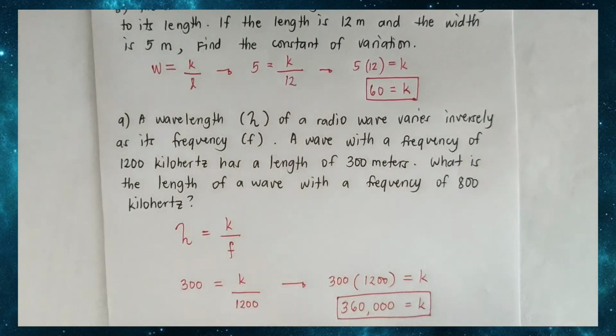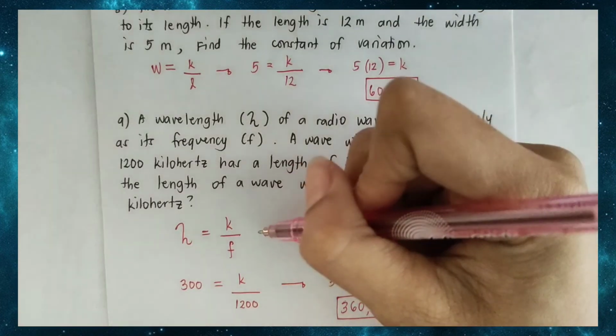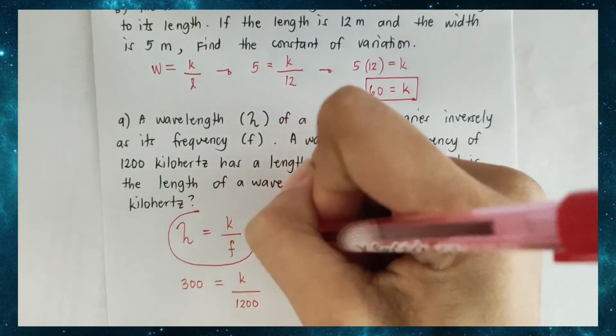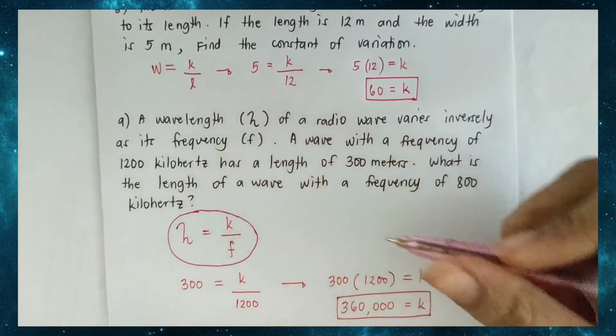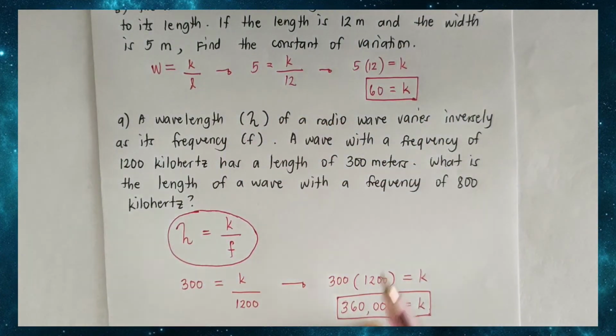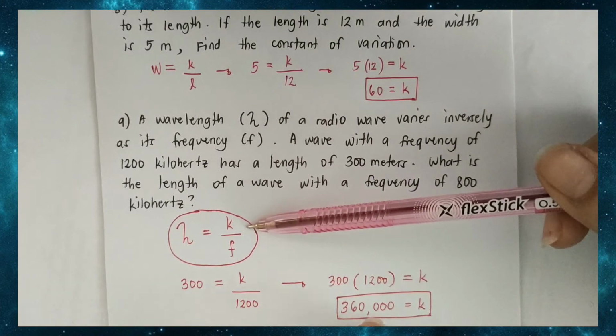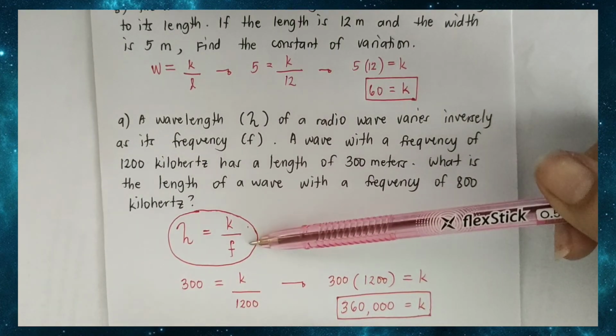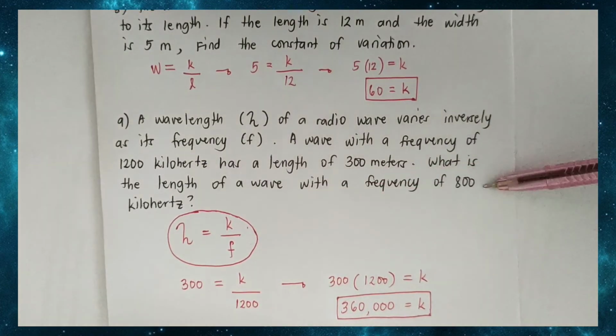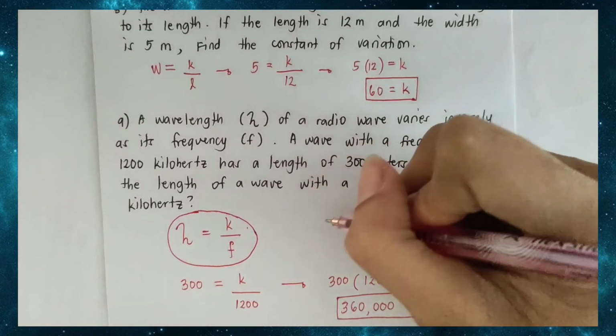Since we solved for our constant of variation, let us now compute for the length of wave with a frequency of 800 kilohertz. This formula will be used. Substitute for the value of k, which is 360,000 here, and the frequency will be 800 kilohertz.